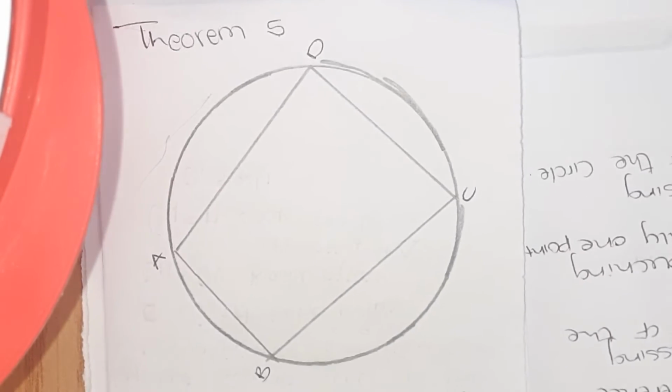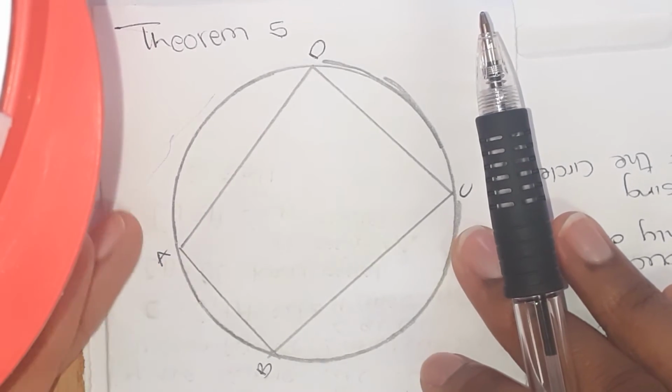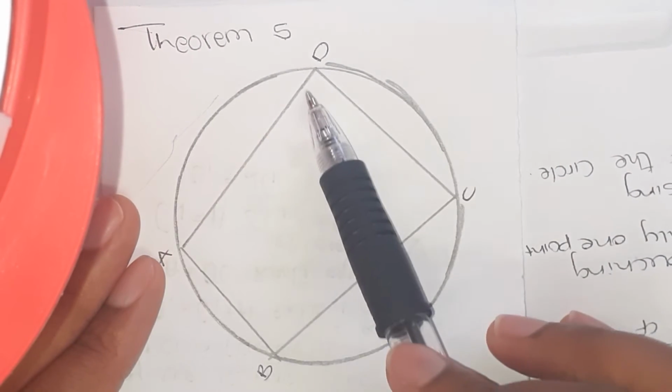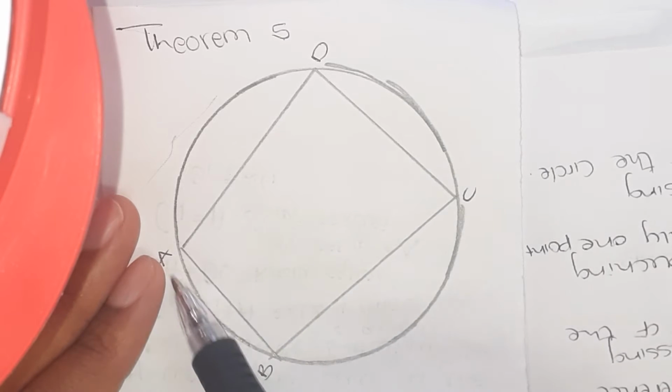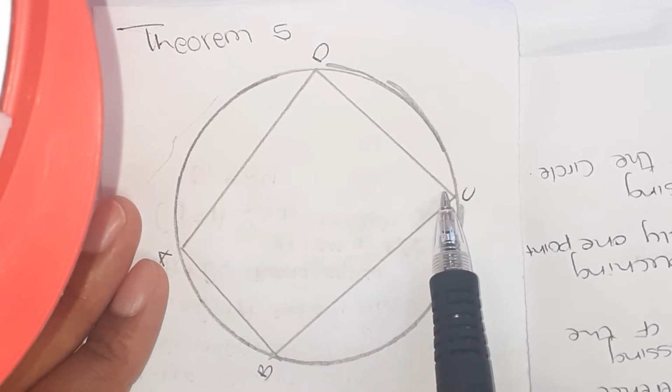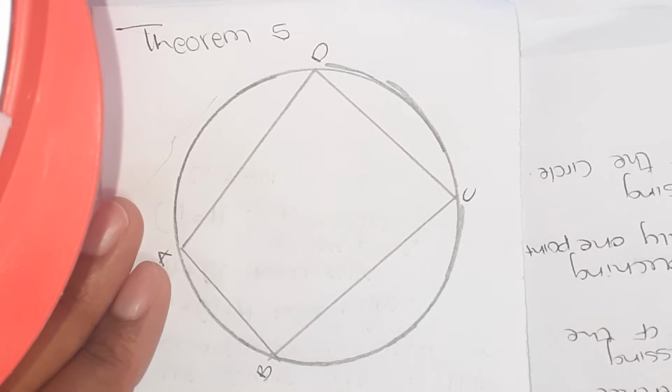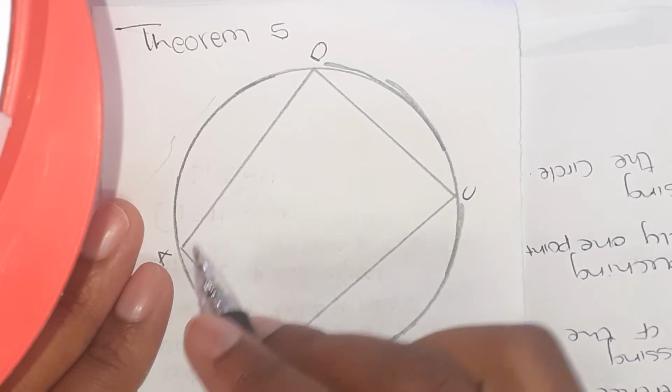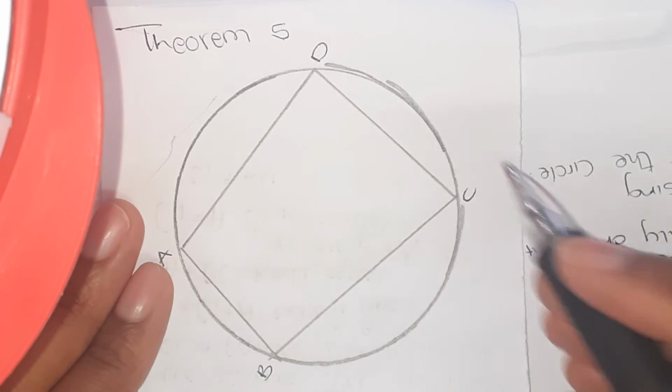So this is a quadrilateral. How do you know? It has 4 sides. So anything that has 4 sides is a quadrilateral, right? So it says opposite angles are equal to 180.